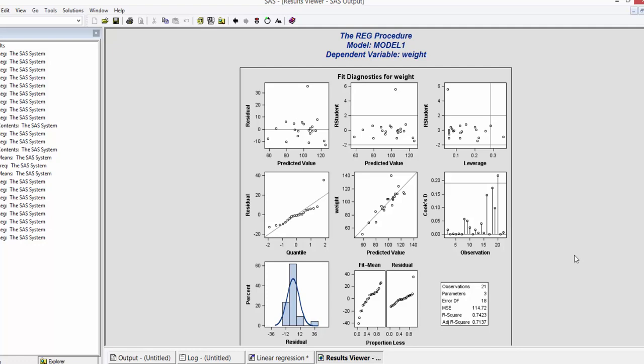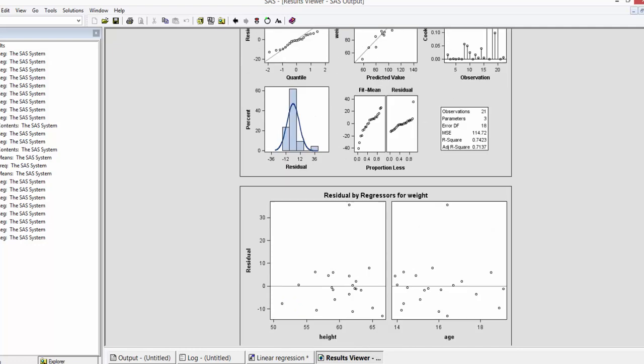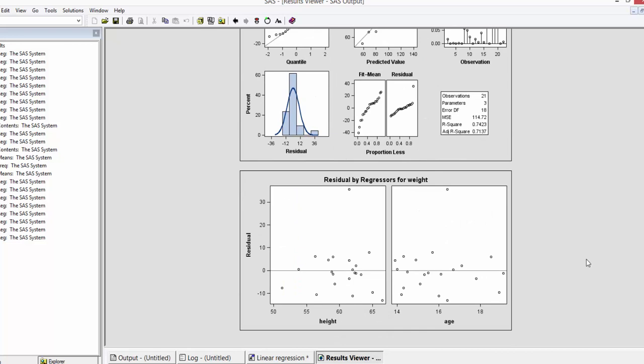If you plot the error term with respect to the dependent variable, it should be completely random, and they should be uniformly distributed across the negative side and the positive side of the x-axis. So that's the residual plot you can see here.